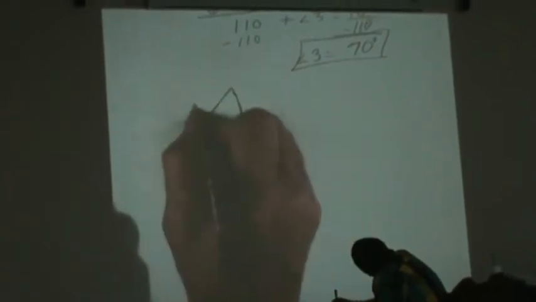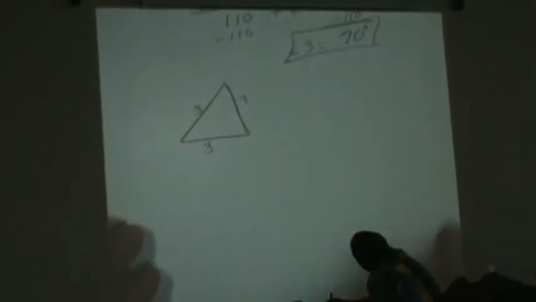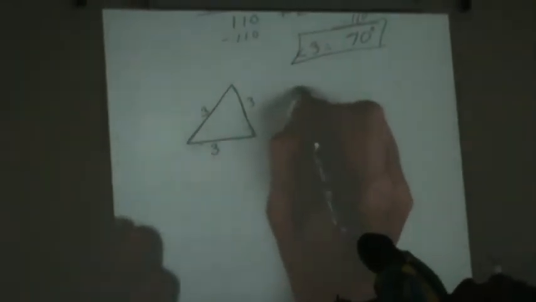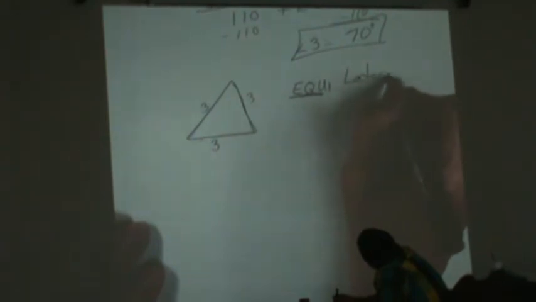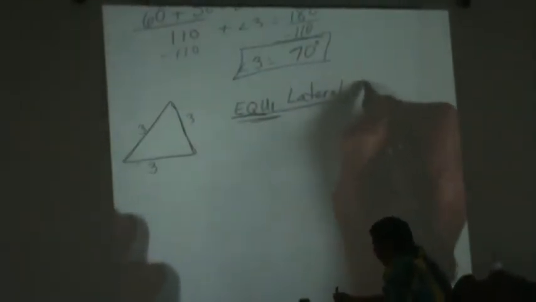Say it was 3, 3, and 3. This would be called equilateral. Equal angles. That shouldn't be a capital L. This is all one word. Equilateral. This is an equilateral triangle.